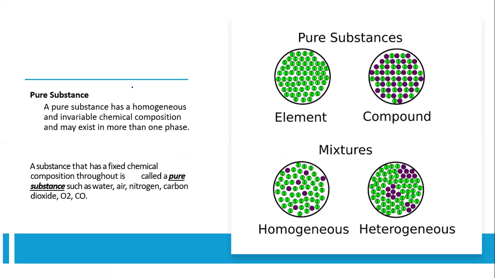Now, another definition we're going to look at is the pure substance. Again, remember I said you should be able to distinguish between the pure substance and the mixture. When you talk about pure substances, a pure substance could be regarded as an element, number one. A pure substance could also be regarded as a compound.